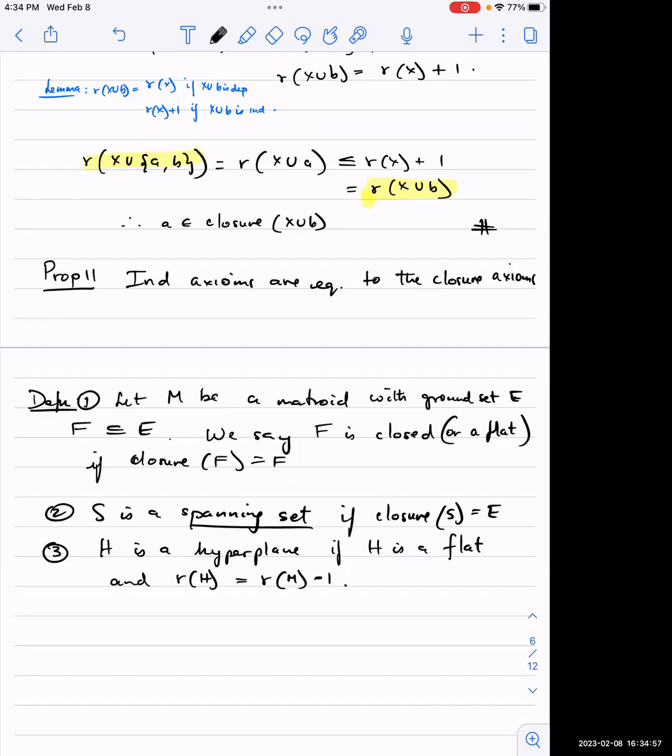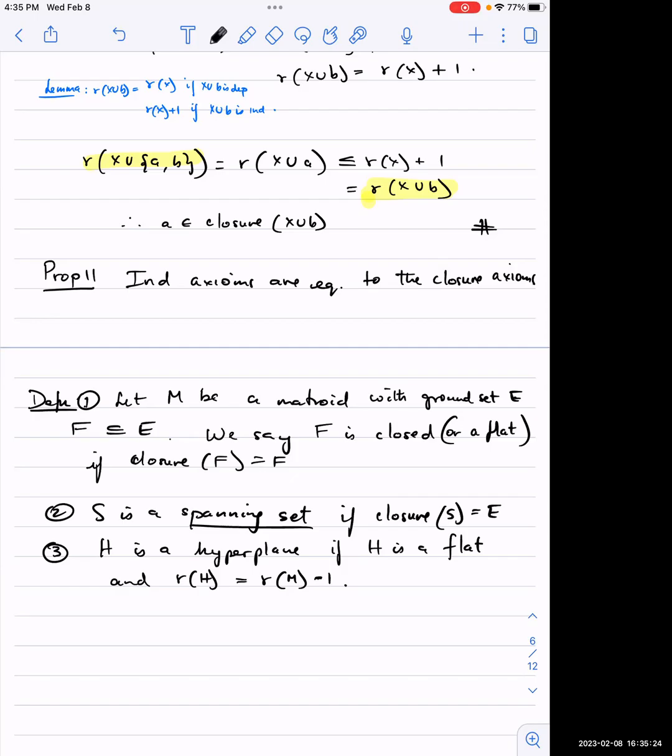So the intuition of a hyperplane, if you're looking at the vector space R^n, is that it is a subspace of dimension n minus 1, and that intuition is still there here. The rank of H is just 1 less than the rank of M.